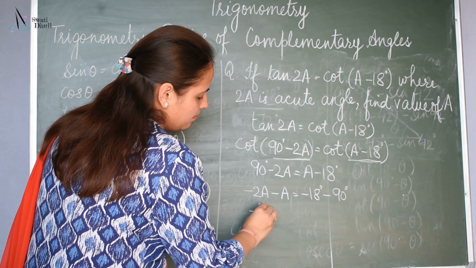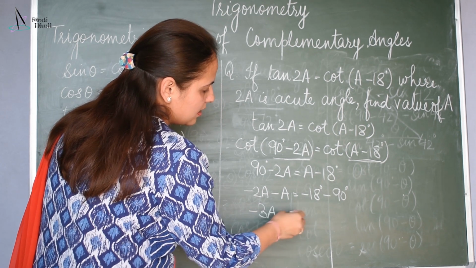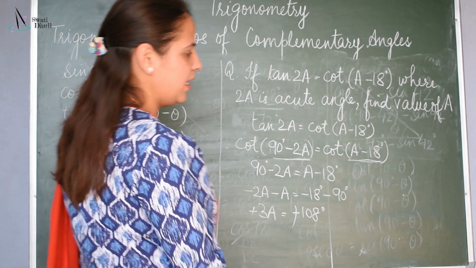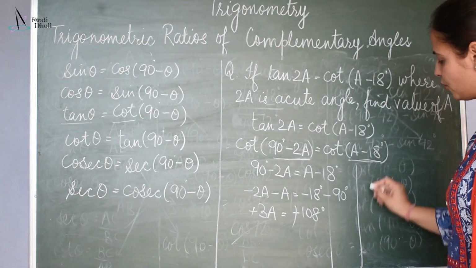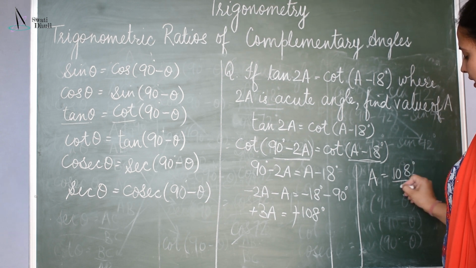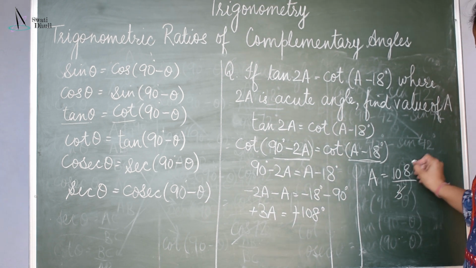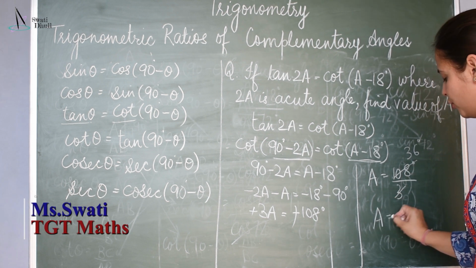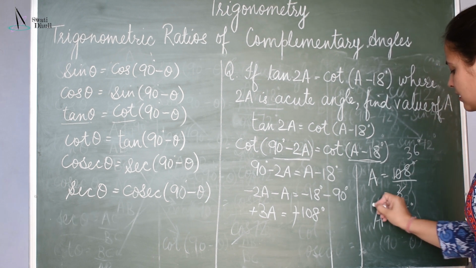So this becomes minus 3a is equal to minus 108 degree. Minus and minus will be cancelled. So a is equal to 108 degree divided by 3, which gives 36. So a is equal to 36 degree.